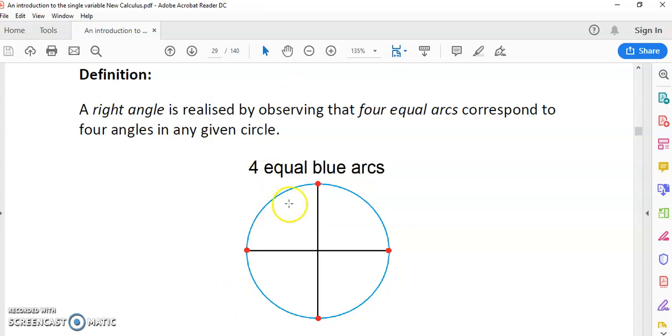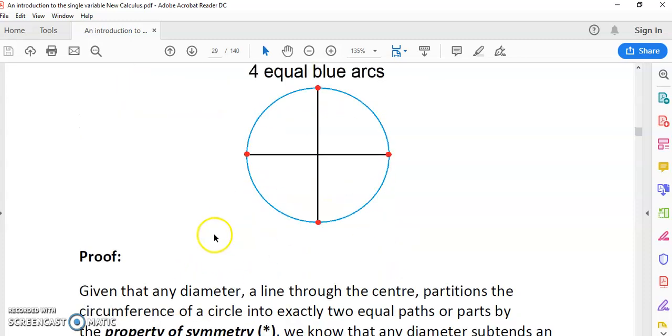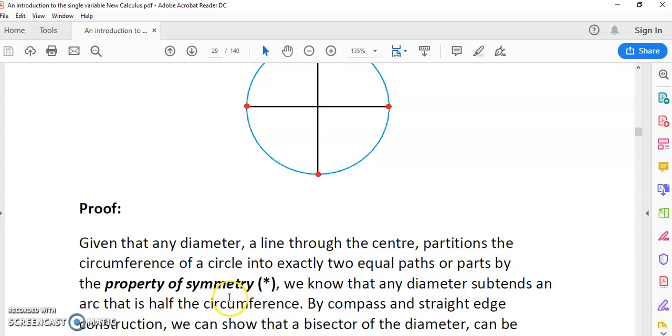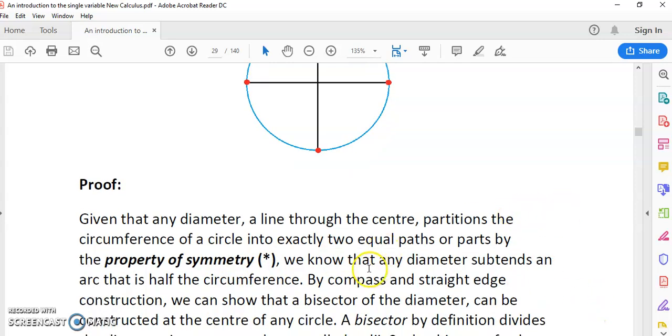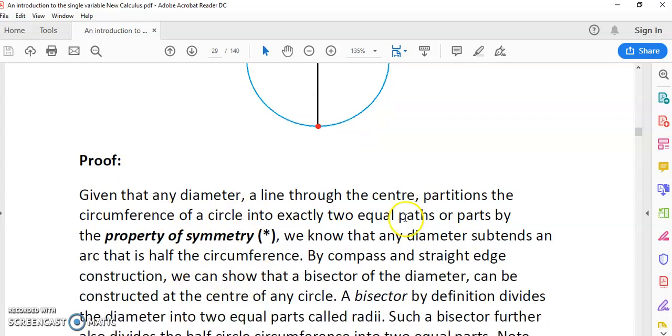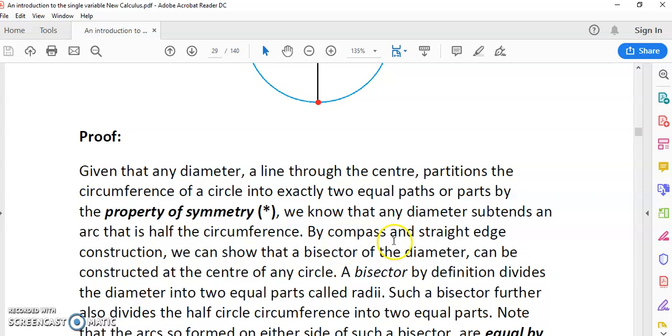In other words, we have 4 equal parts, 1, 2, 3, 4. And this is all possible because of the property of symmetry, all right? In other words, 2 equal paths or parts are divided by the property of symmetry, and we know that any diameter subtends an arc that is half the circumference, okay?